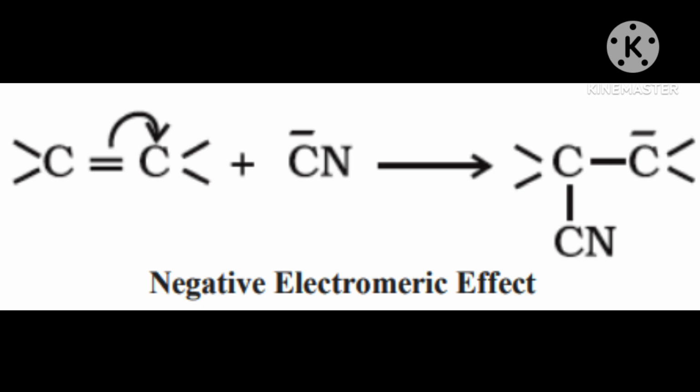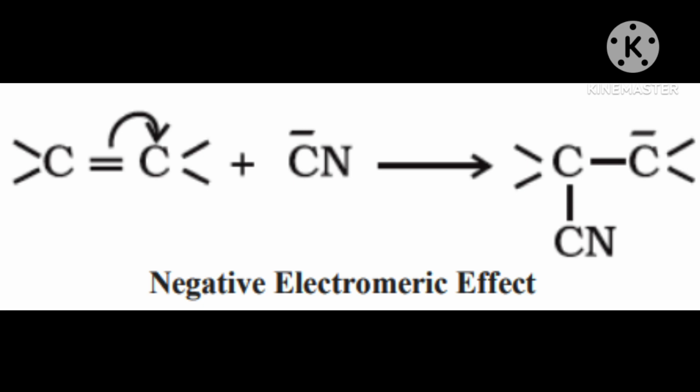That's why it is a temporary effect. The effect is annulled as soon as the attacking reagent is removed from the domain of the reaction. It is represented by capital E, and the shifting of electrons is shown by a curved arrow, which I have already told you about.